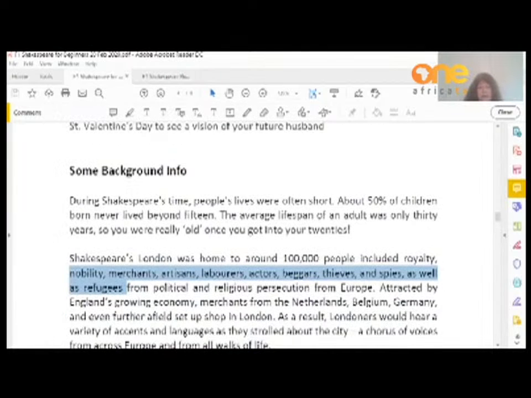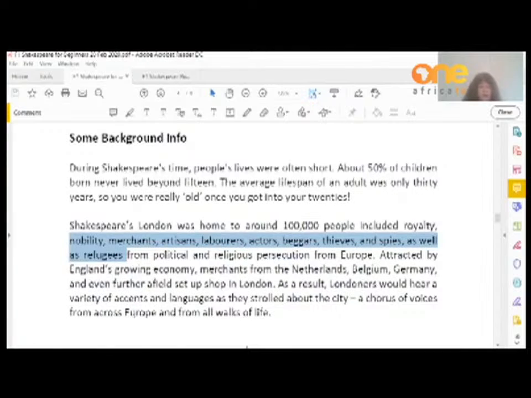Okay. And they knew that they could get lost in a big city like London and no one would ever find them. Okay. There was people from Netherlands, Belgium, Germany, and France. Okay. So London was actually quite cosmopolitan back then.